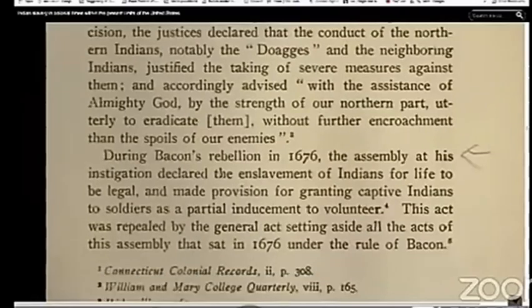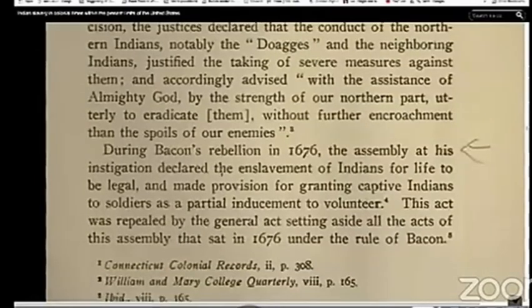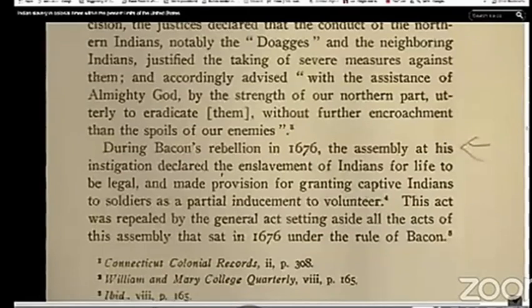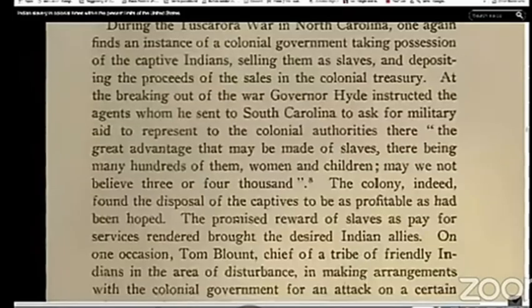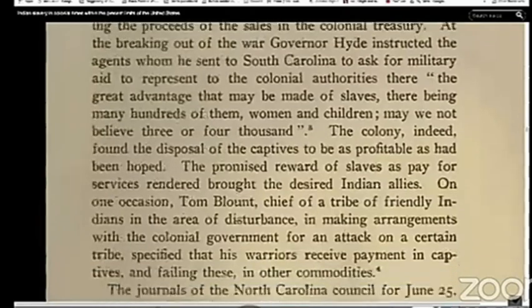During Bacon's rebellion in 1676, the Assembly, at his instigation, declared the enslavement of Indians for life to be legal and made provisions for granting captive Indians to soldiers as a partial inducement to volunteer. The promised reward of slaves as pay for services rendered brought the desired Indian allies.